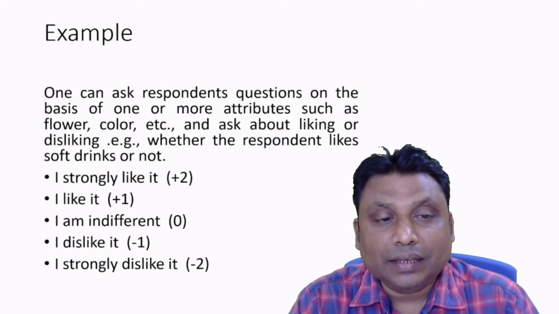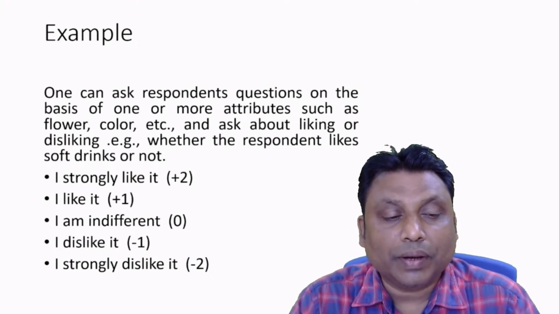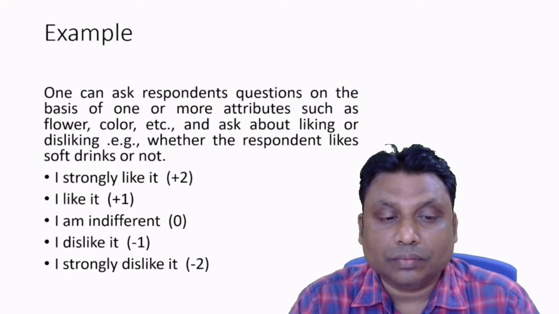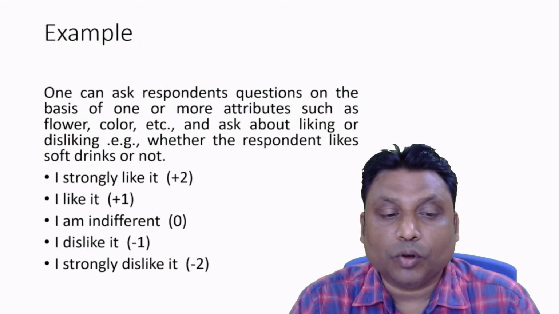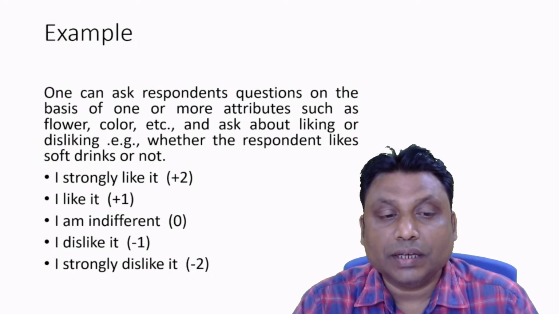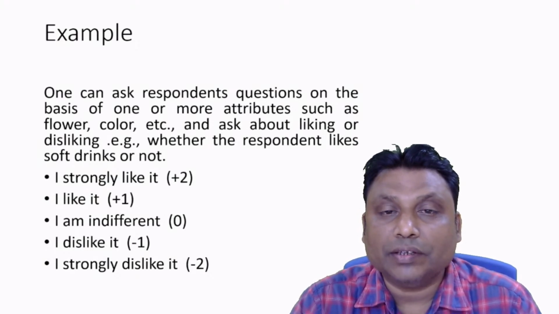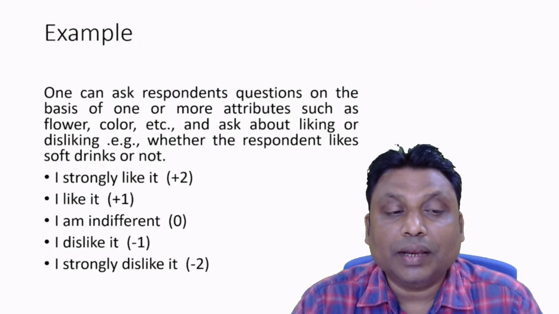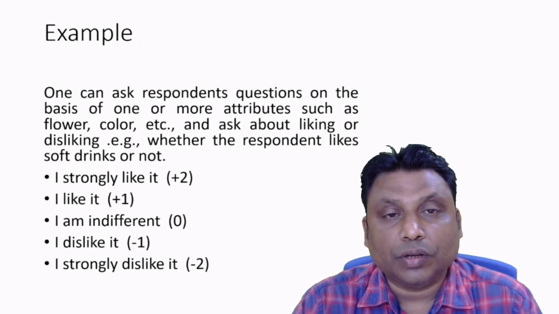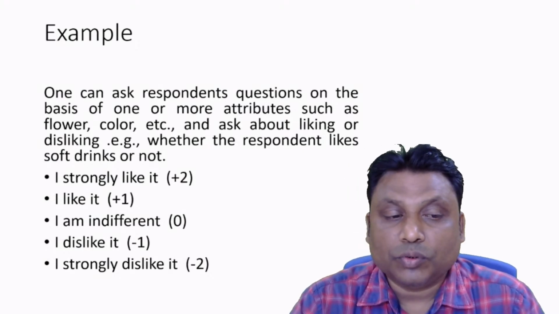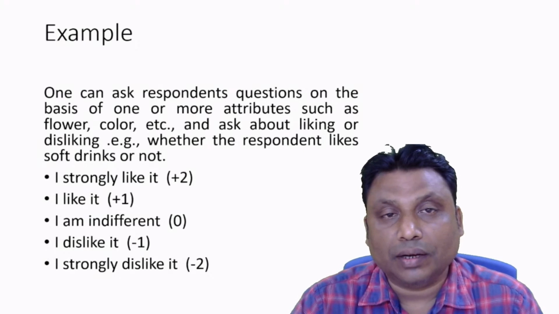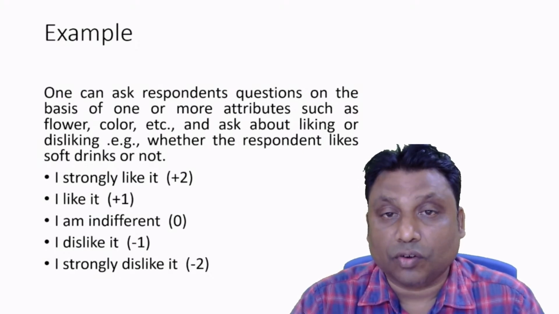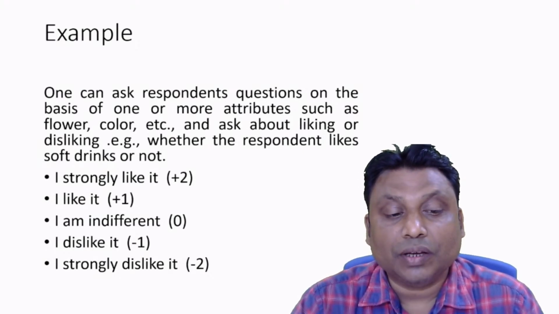That's why in the ordinal scale we are taking a 5-point scale: 0 is one scale point, plus 1, minus 1, plus 2, and minus 2 are each one scale point. Accordingly, we can define it: 0 neutral or indifferent, plus 1 I like it, minus 1 I dislike it, plus 2 I strongly like it, and minus 2 I strongly dislike it.